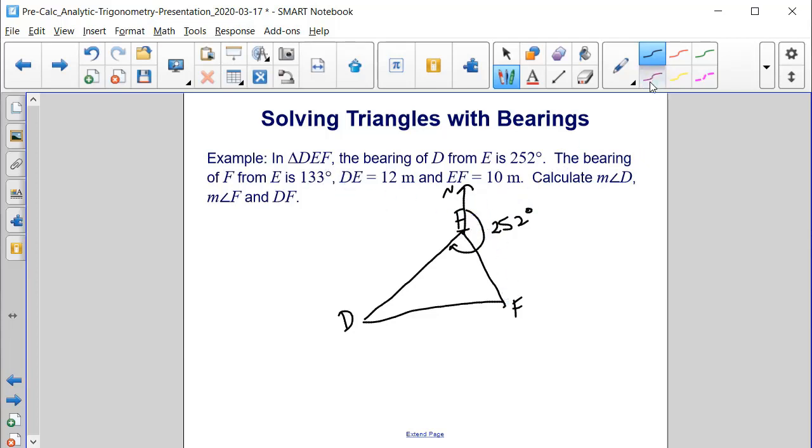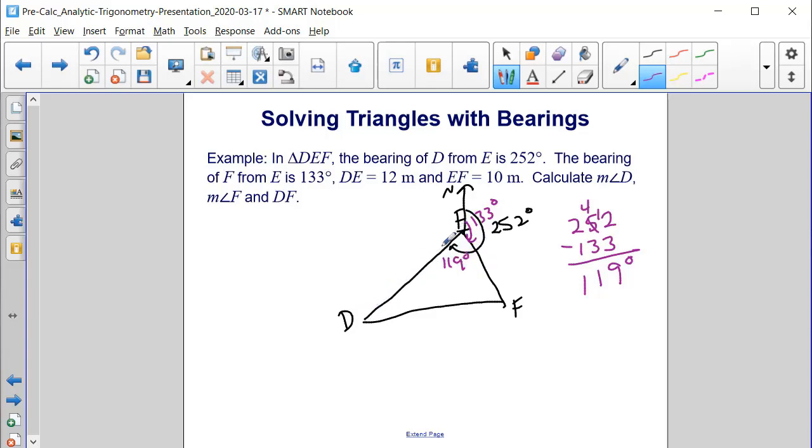So that's the smaller angle right here, that's 133 degrees. We can use both of these bearings to determine the measurement of angle DEF. So if I do 252 and I subtract 133, I end up getting 119 degrees for the measurement of angle E.